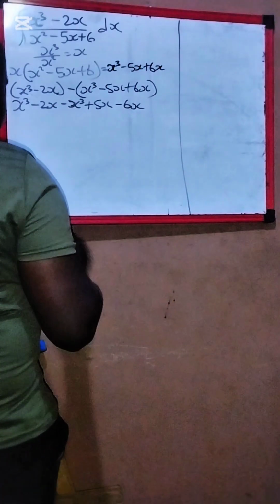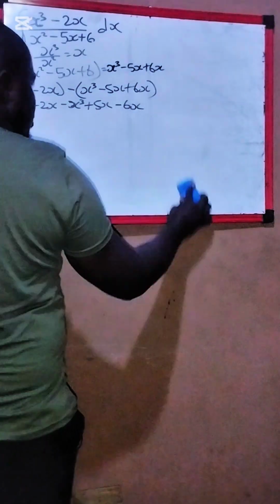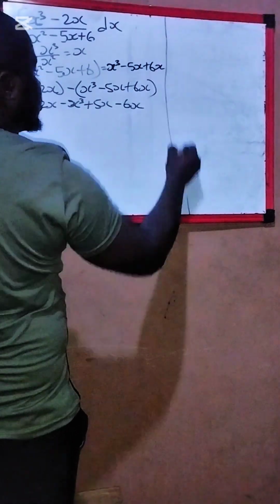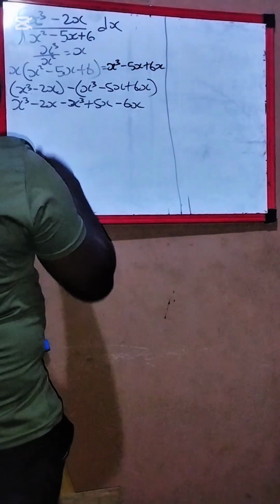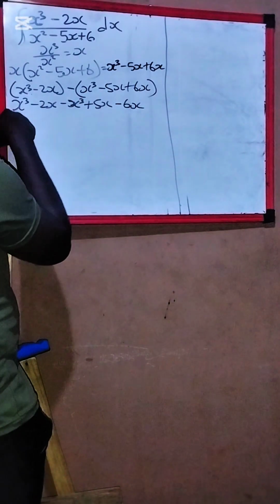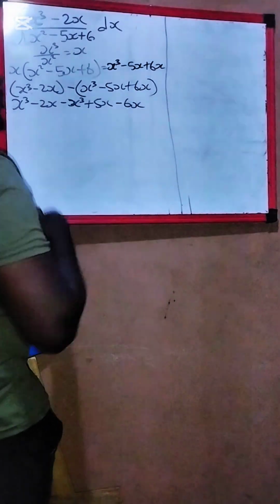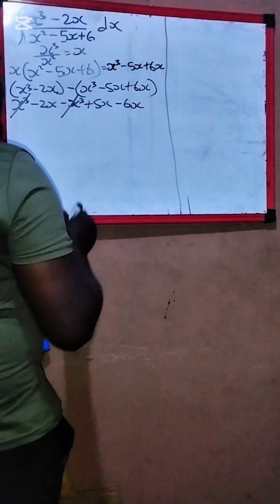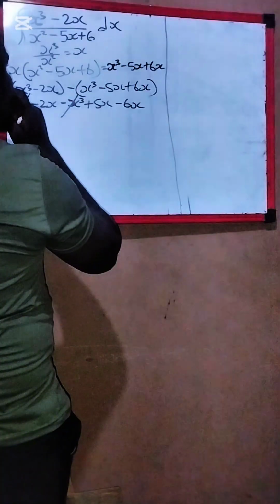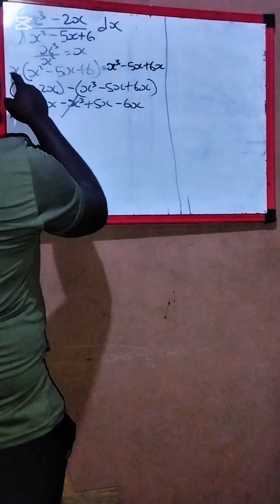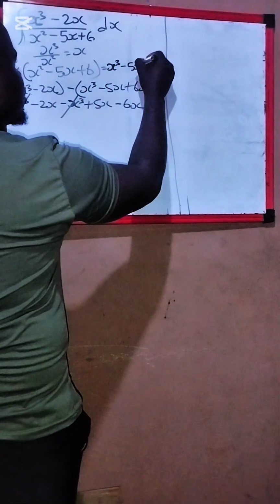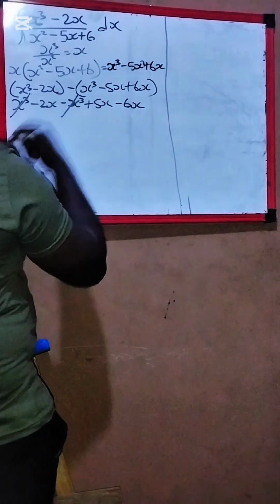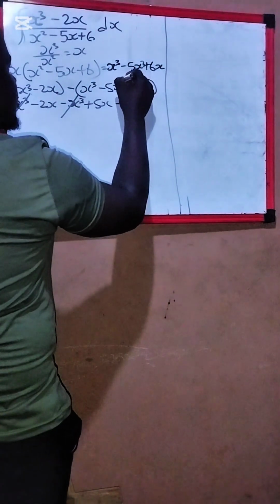Now if you look at this, what do we have here? Notice that this and this are the same. This is positive x cubed, this is a negative x cubed, so this cancels out. If you notice something else here, this should give us 5x squared, because this is normal x, so 5 times this will give x cubed, so x squared here will give us x squared.